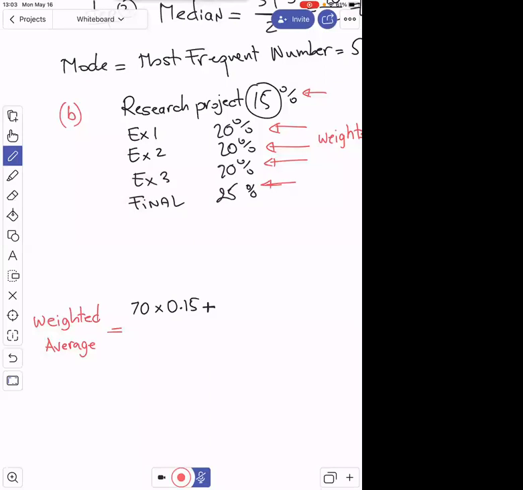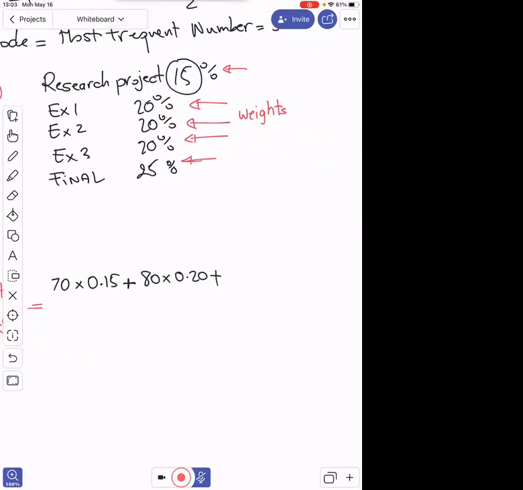There's a plus. You need to add for the next exam, exam 1, he got 80 points. So that's 80 points times, how much is the first exam worth? It's 20%, so times 0.20, right? Plus, etc. Next exam, he got 90 points.